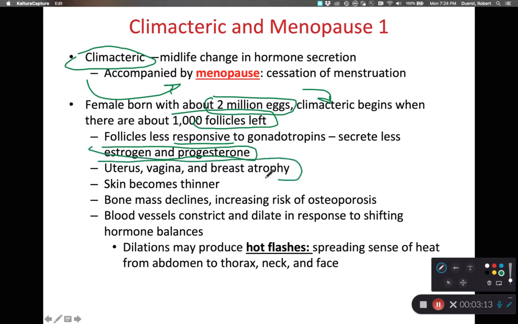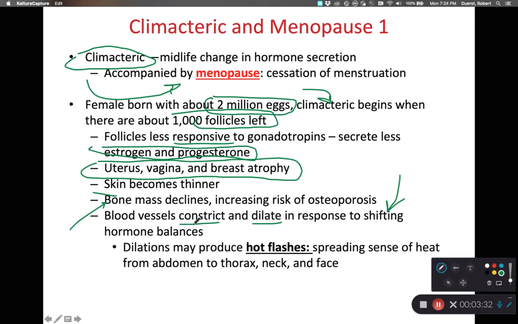All of the sex organs are going to begin to atrophy. Skin in general becomes thinner, and that's stratified squamous epithelium all over the body. We're also going to have a decline in bone mass, and blood vessels begin to constrict and dilate in response to shifting hormone balances.